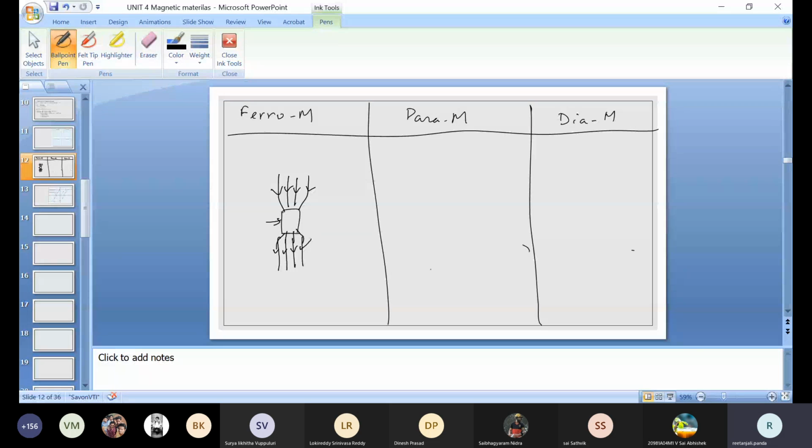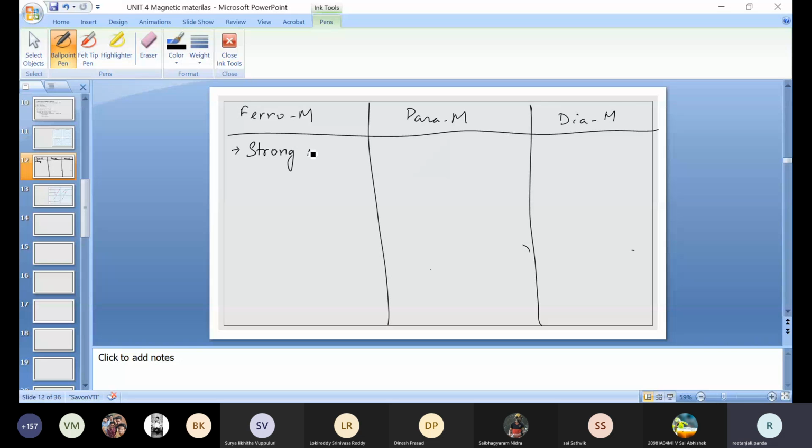But if we see a paramagnetic or a diamagnetic material, this attraction force is not that strong, so we call it a feeble attraction. Okay, so I can say here strong attraction towards the magnetic field. If you cannot read what I am writing, let me know.